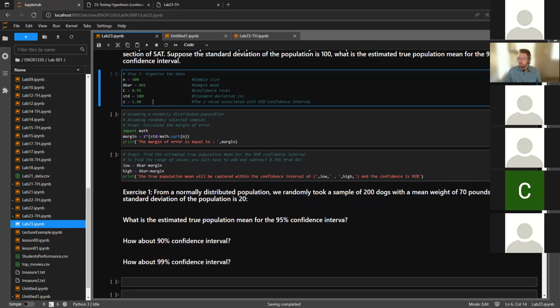Well, I'm actually not going to tell you. And in order to do the homework all the way through, you need to know how you get the z-value for a given confidence level.